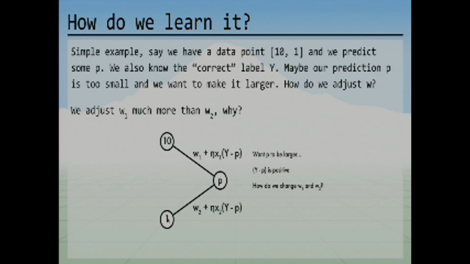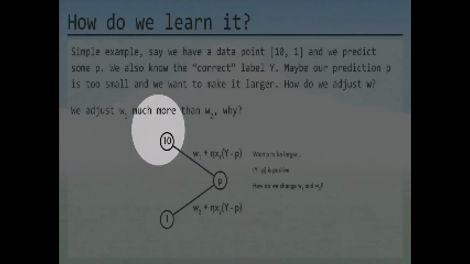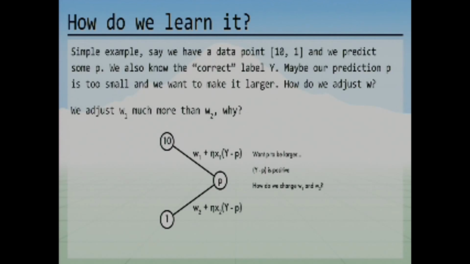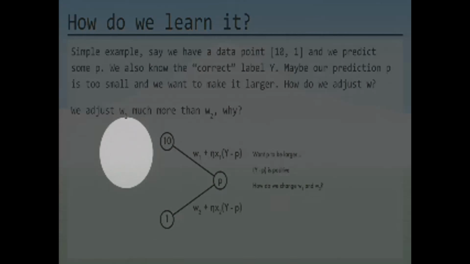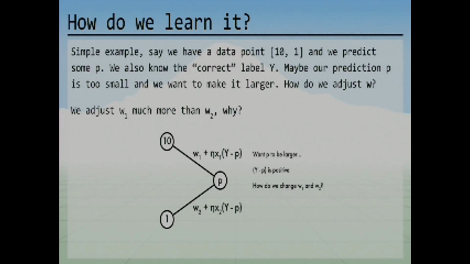If you make equivalent changes to these two weights, the change that would matter a lot more is the change you make to weight 1, because it has this much larger value that you're inputting for x1 than you have for x2. So changes to weight 1 matter a lot more than changes to weight 2, and so the gradient is larger for weight 1, so we're going to push weight 1 a little bit more than we're pushing weight 2. But we're going to try to make both of them larger in this example of one step of stochastic gradient descent.